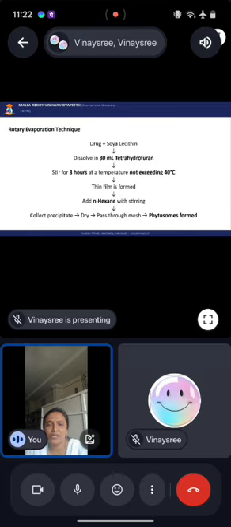Now after 3 hours, a thin film is formed around the RBF. Now we are going to add N-hexane, which is a non-solvent, the example we have seen in the previous slide, with stirring. The precipitate will be formed, and we are going to dry the precipitate and pass it through the mesh. The phytosomes will be formed.